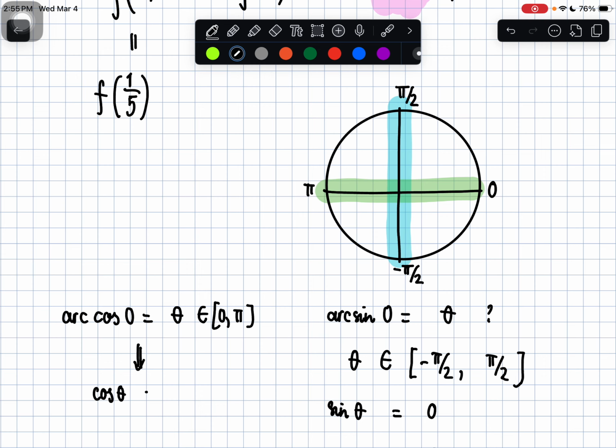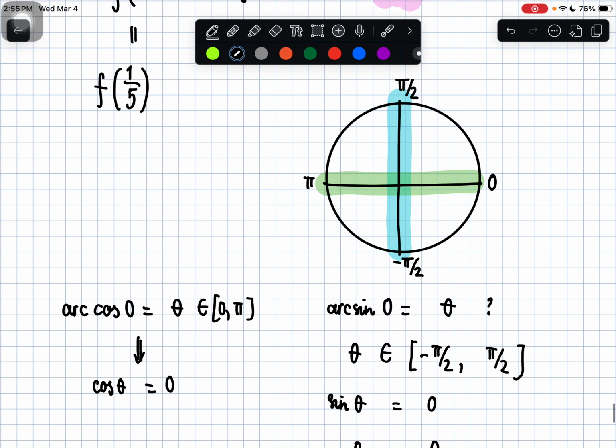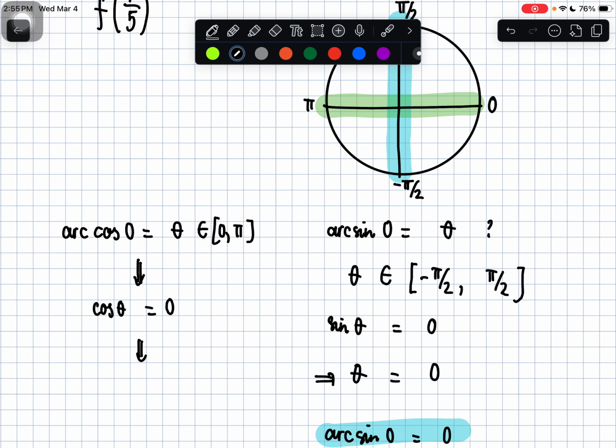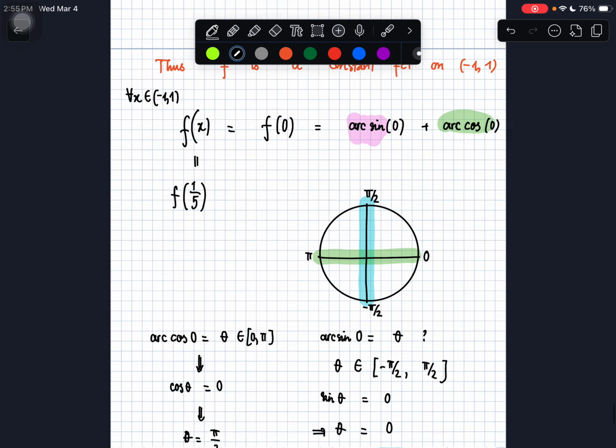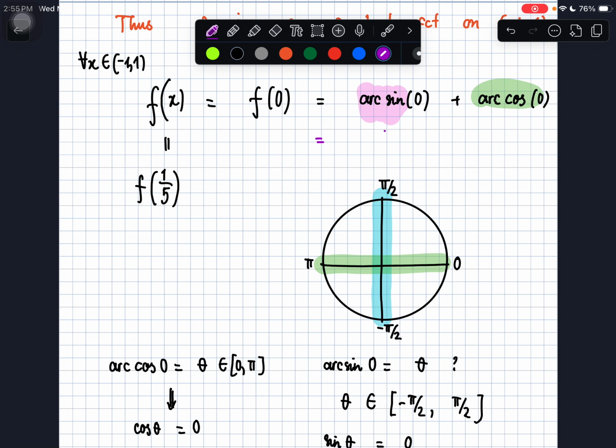Cosine of theta is 0. So theta between 0 and pi, cosine 0. So that angle theta is pi over 2. So this one equals 0 plus pi over 2, which is pi over 2.